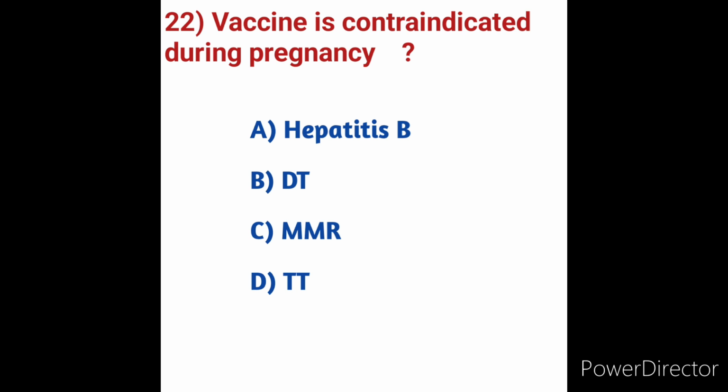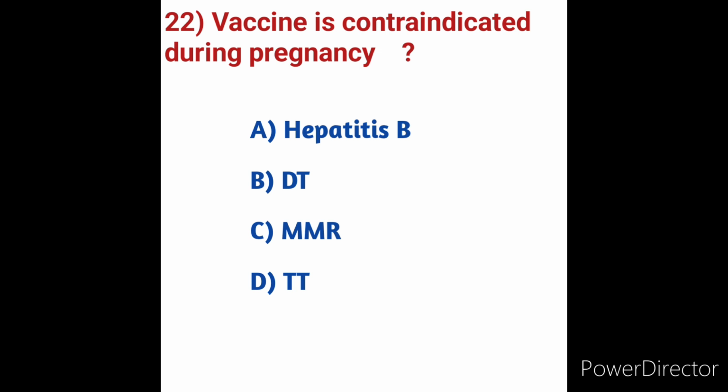Women of childbearing age should avoid getting pregnant for at least 4 weeks after receiving the MMR vaccine. Pregnant women should not get the MMR vaccine. If pregnant women are exposed to rubella during pregnancy, they have to contact the doctor.